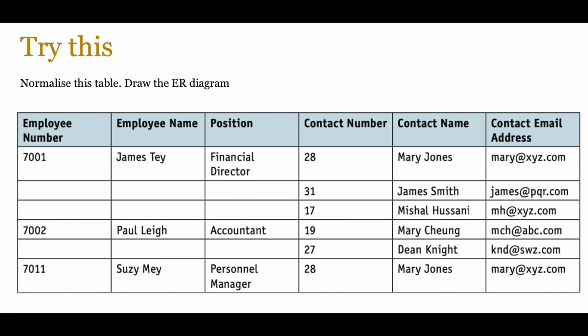So you've got contacts, you've got employees, what's the relationship between those? And the table kind of gives you some hints. So do pause the video and have a look at this activity. Once you've drawn the entity relationship diagram, you can then proceed with normalization. So do pause the video and try to finish this activity before moving on.